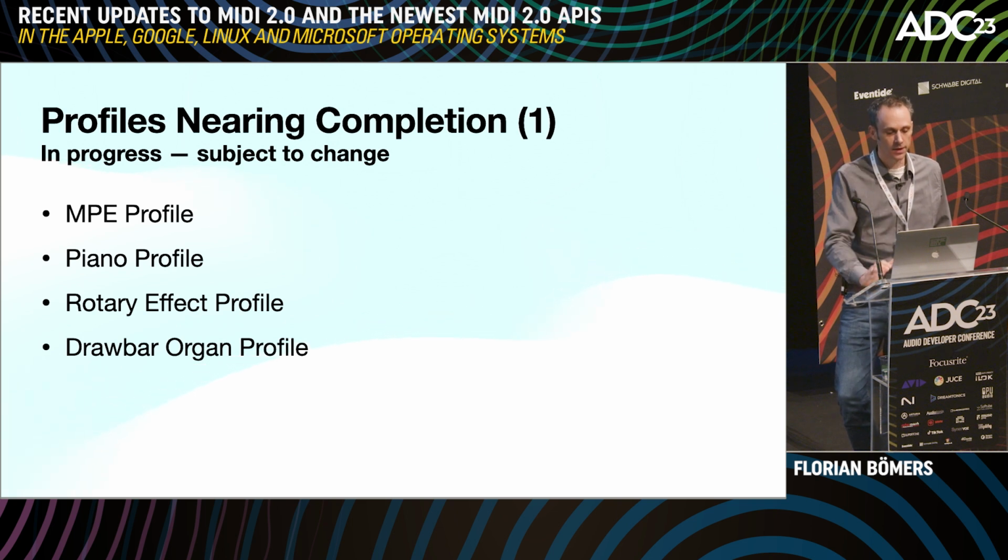The drawbar organ profile, again, is very useful because once activated, you know that the other device is compliant with that profile, meaning that all controllers have a predefined meaning, so which drawbar responds to which controller. So it will make it much easier to have an interoperable environment for devices, like in this case, a drawbar organ.